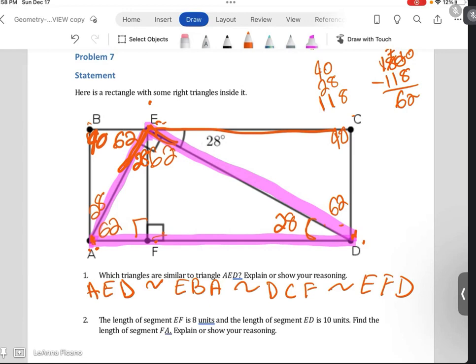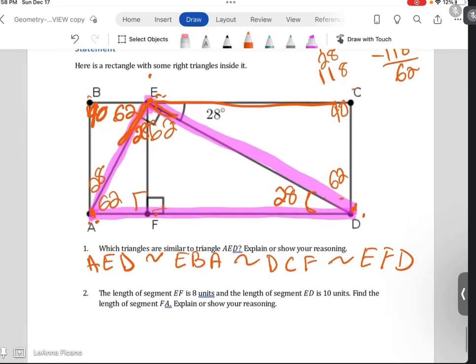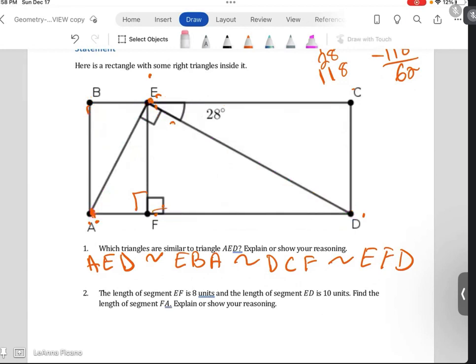Okay, so let's continue and see the length of EF. I'm going to get rid of some of these measurements to clear up some of this.